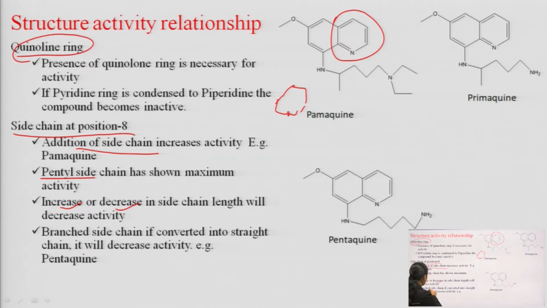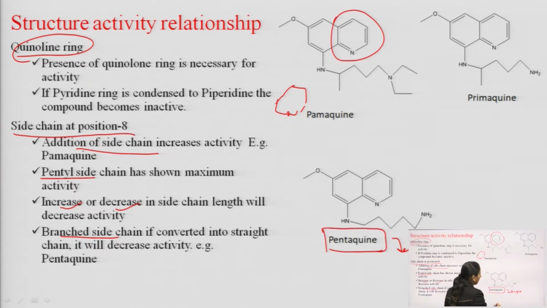Next, if the branched side chain is converted into a straight chain, as we see in the case of pentaquine, it leads to a decrease in the activity.